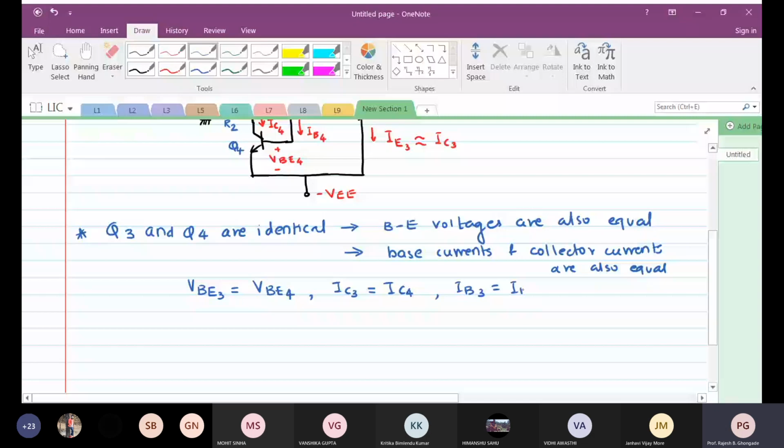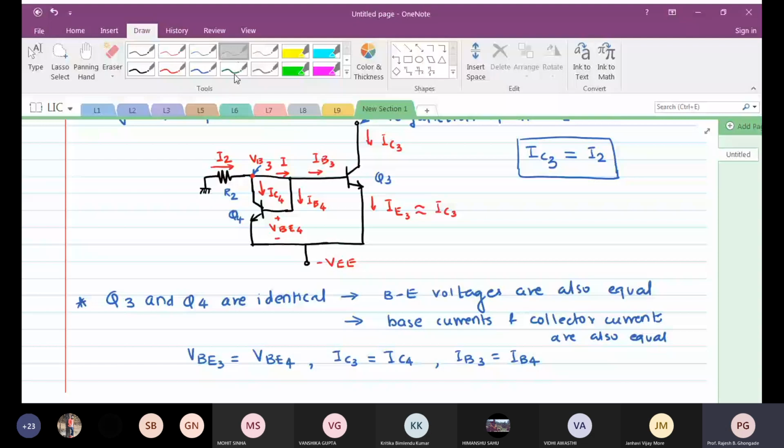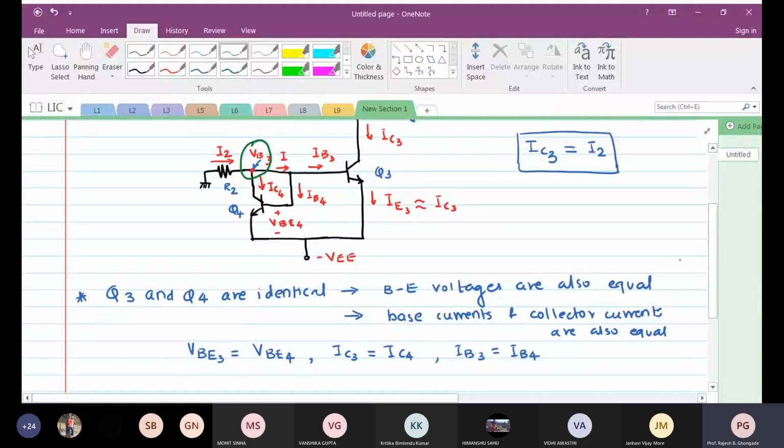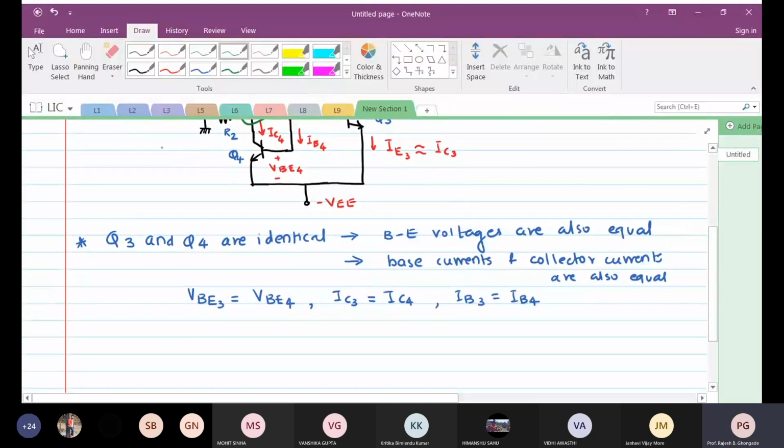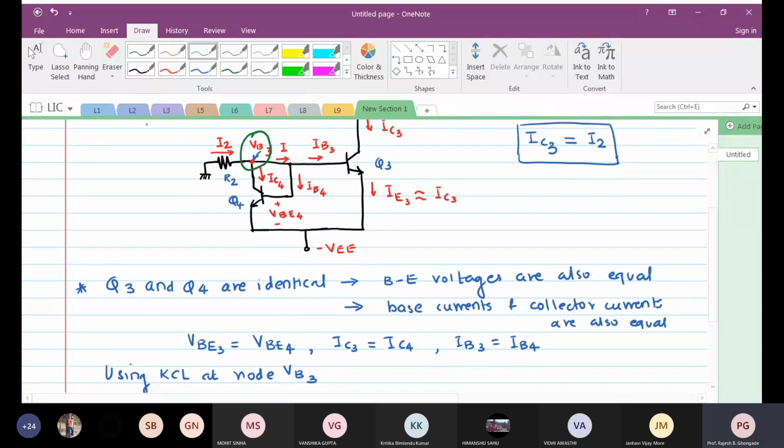Now look at this node VB3. What we can do is sum all the currents at VB3, or simply use KCL at node VB3.